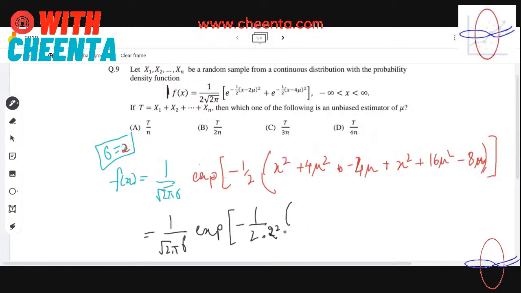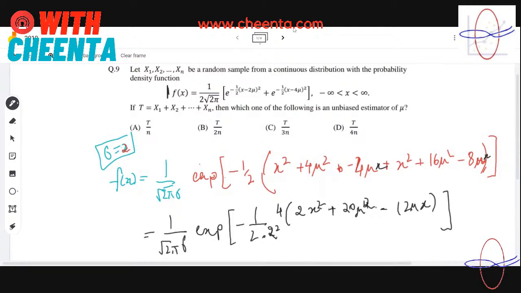Because it's a sigma square stuff, let's see. So sigma square, now here it's 2 x square plus 20 mu square, into 4, mu square minus 8 mu x, 6 mu x, minus 12 mu x.